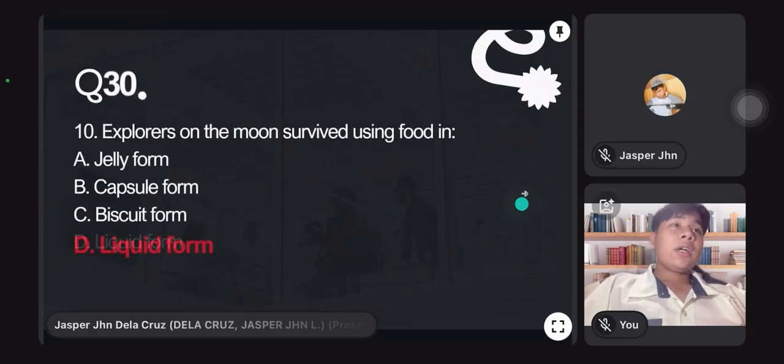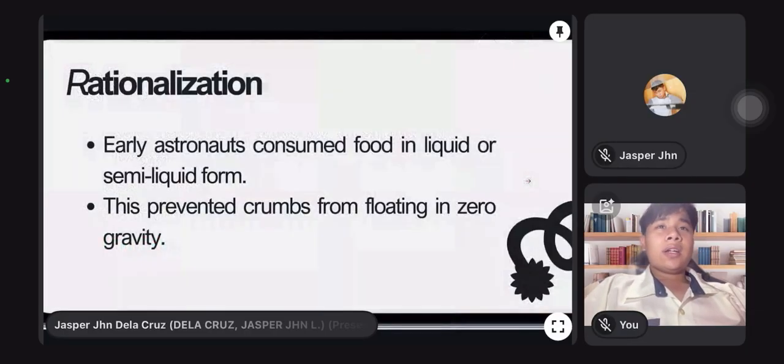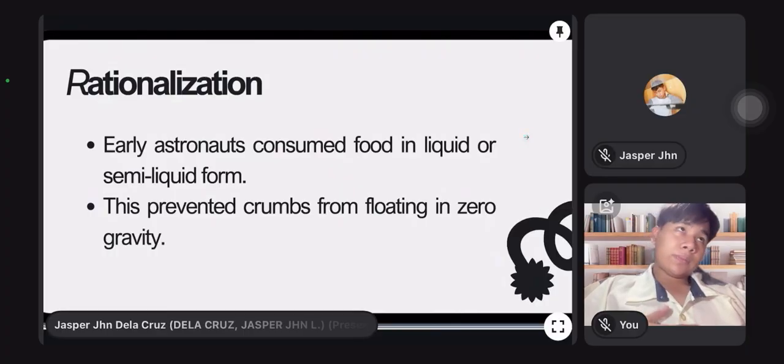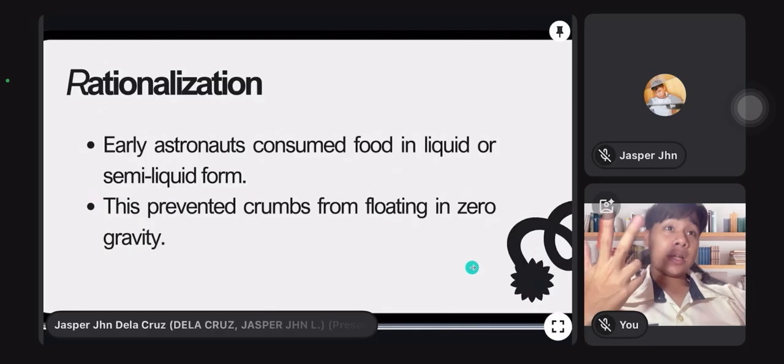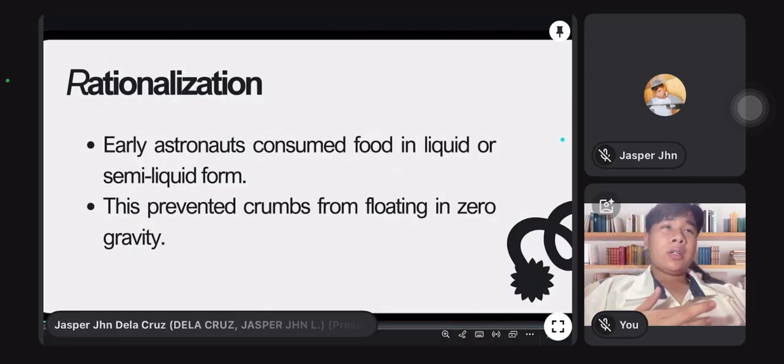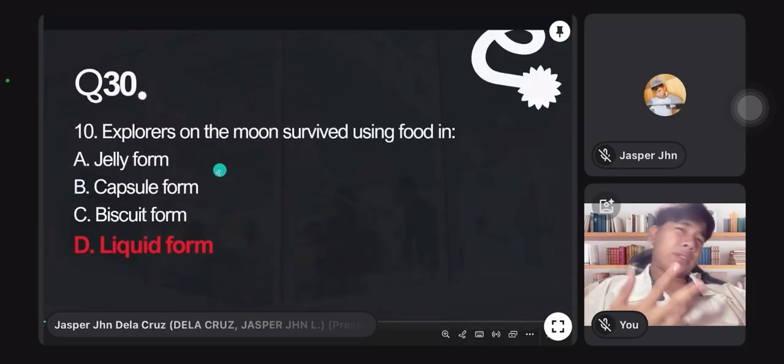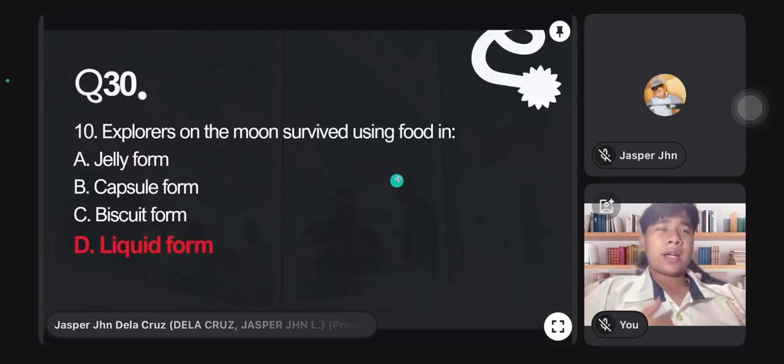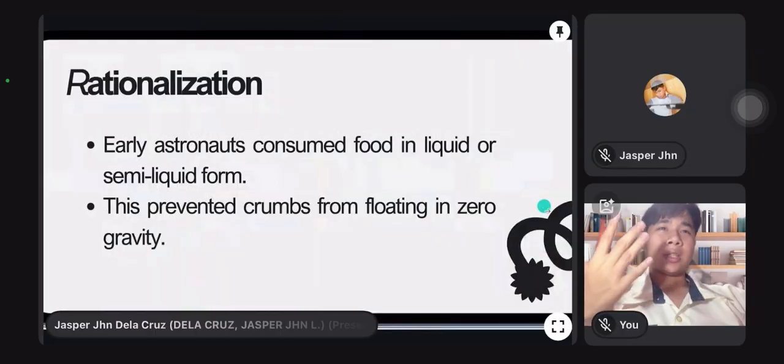The answer is letter D, liquid form. Liquid food prevents crumbs from floating in space. Early astronauts, as you know from history, consumed food in liquid or semi-liquid form. So solid food like jelly, capsule, biscuit create floating debris. So it's not advisable.